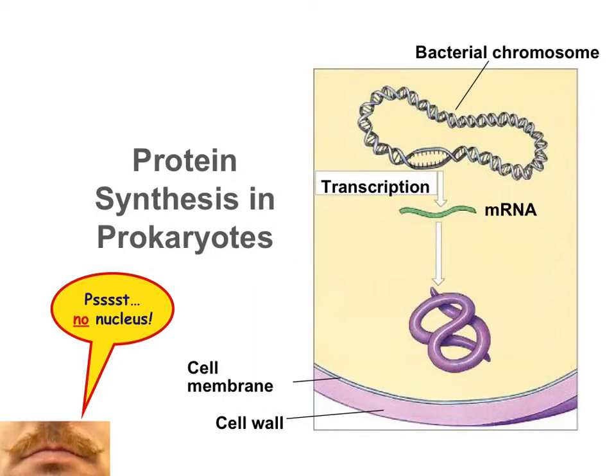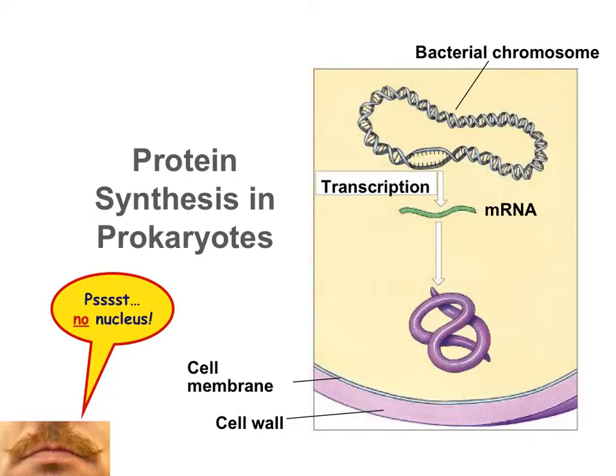A quick note here is that the building of a protein is a little different in prokaryotes. Remember, there's no nucleus in a prokaryotic cell. And straight from the AP Bio curriculum, we need to know that in prokaryotic organisms, transcription is coupled with translation. So that means that they happen together.